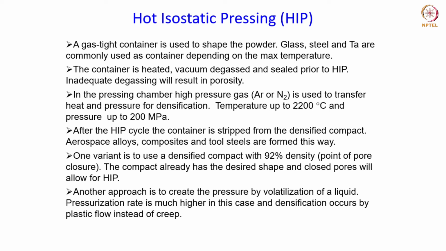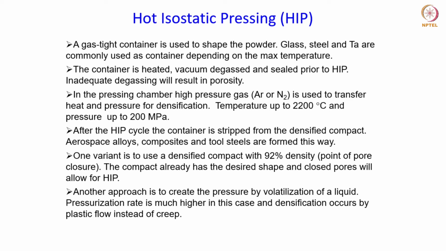So here a gas tight container is used to shape the powder, and in order to do that, glass, steel or tantalum are the commonly used materials for the container, depending on the maximum temperature. The container is heated, then it is vacuum degassed, and finally sealed before it is actually subjected to the HIP process. If the degassing is not adequate, then it will lead to porosity.